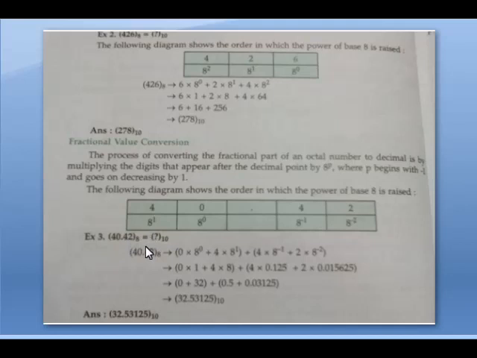First we take the integer part and increase the powers from right to left. For the fractional part, we increase the powers from left to right, but with negative values. Whatever we did in the conversion of binary to decimal, the same way we do the conversion here for the octal number. Only the difference is the base. Octal means we keep the base as 8. Binary means we keep the base as 2.